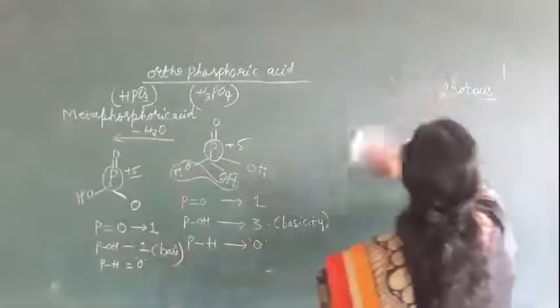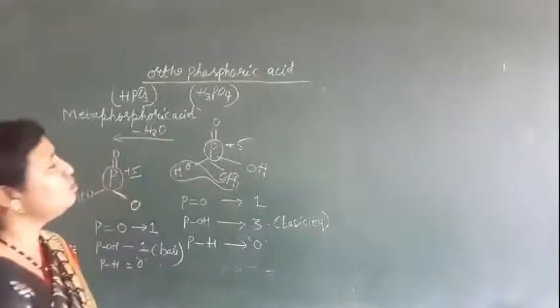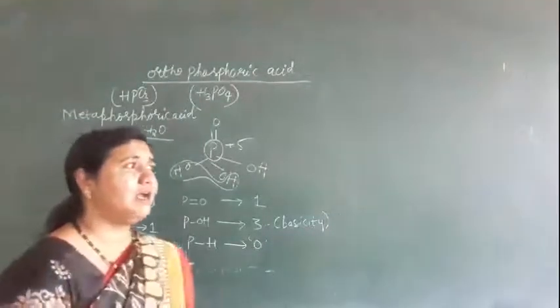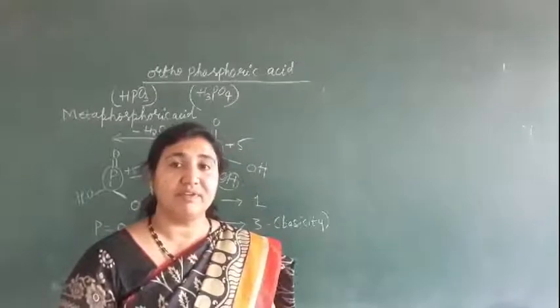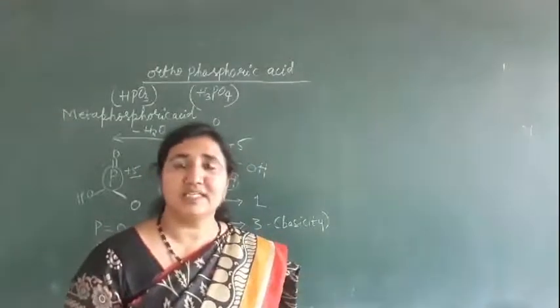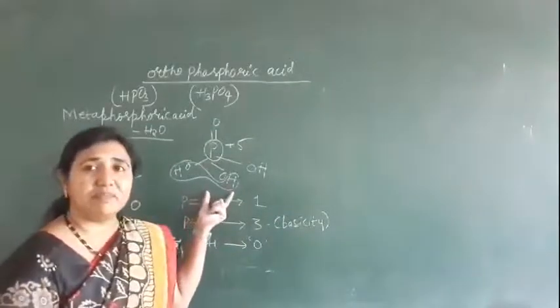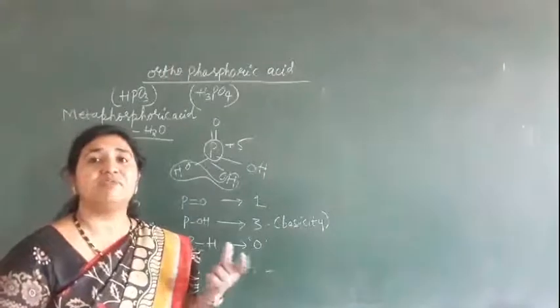Now next we have here, if we add this to H3PO4, then what will we get? Same like phosphorus acid, to H3PO3 if we add, we will get pyrophosphorus acid. Similarly, if we add here to H3PO4 and remove a water molecule, we will get pyrophosphoric acid.